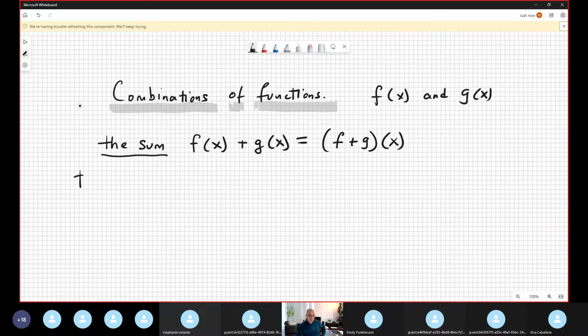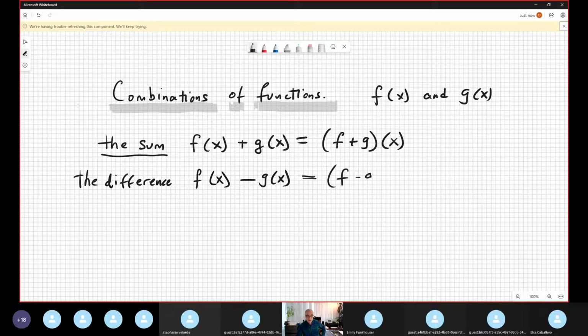Now the difference or subtraction is f of x minus g of x, for example, or in other order is f minus g. This is minus of x. Okay, now the product is multiplication.